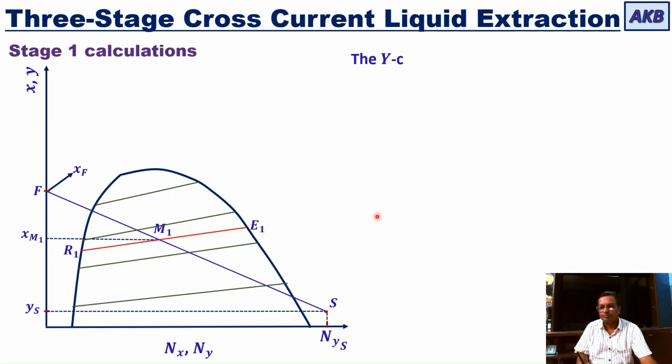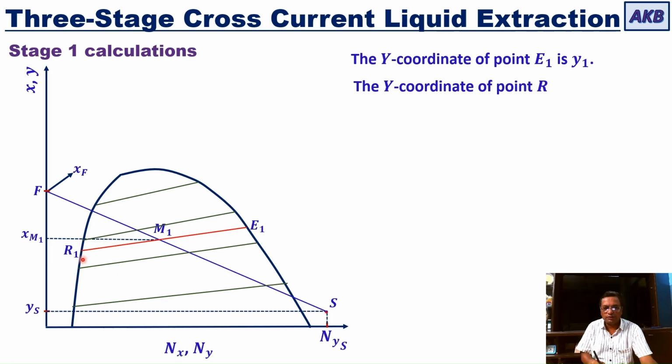The y coordinate of point E1 is y1. If from E1 you travel horizontally to the y-axis, the value that you will get is y1, and the y coordinate of point R1 will give us x1.